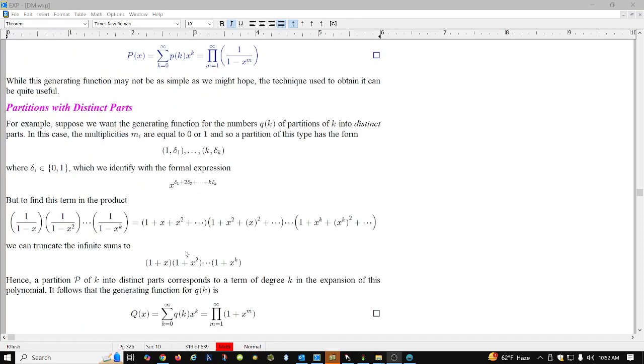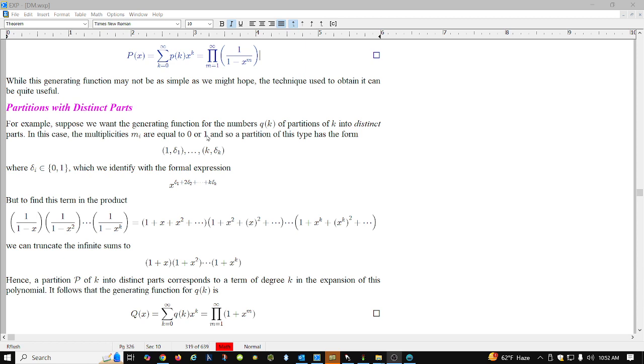For example, suppose we want the generating function for the numbers, which I'll call Q of k, of partitions of k into distinct parts. That means the multiplicities are either 0 or 1.